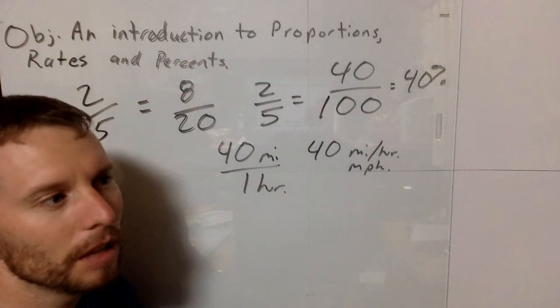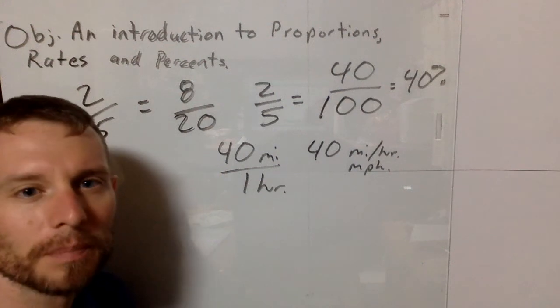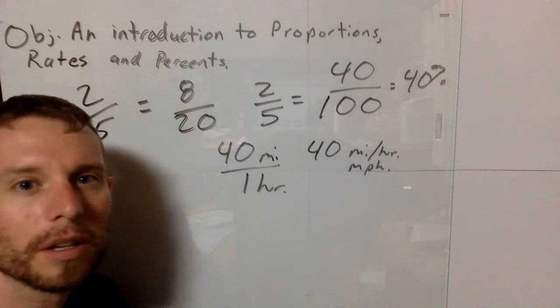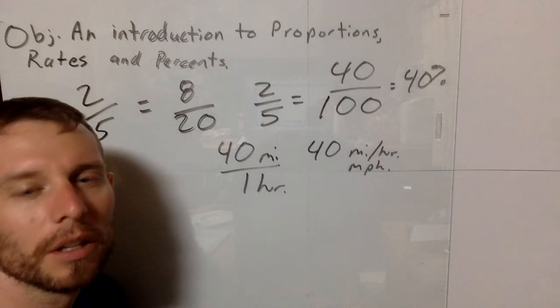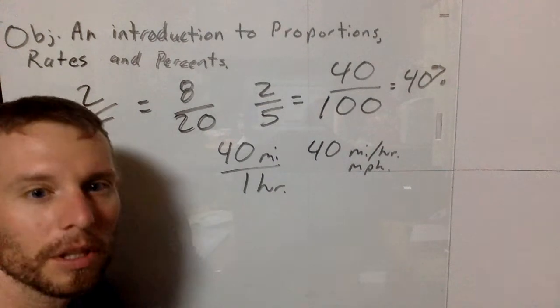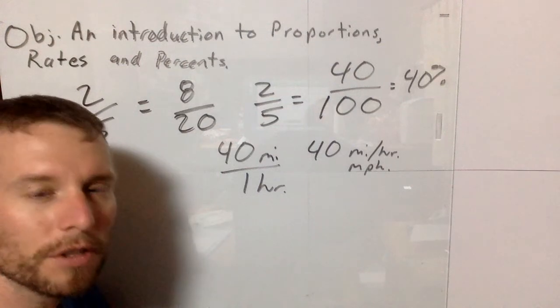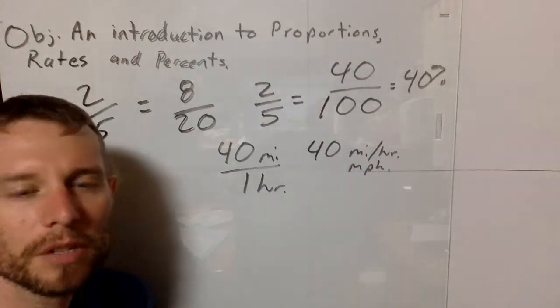Oftentimes it has to do with time, not always. But anyway, rates. Your heart rate is beats per minute. Rates are like a ratio, but you're comparing 2 different units of measurement.